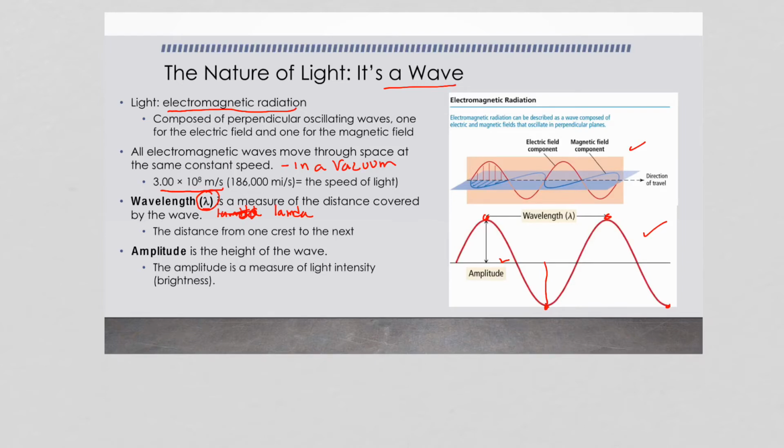Those two things are going to be the same. Now, in terms of light, the amplitude could be considered a measure of intensity, right? Or brightness. The higher the amplitude, the brighter or more intense the light would be. So we've got wavelength and amplitude as two important characteristics of light waves.